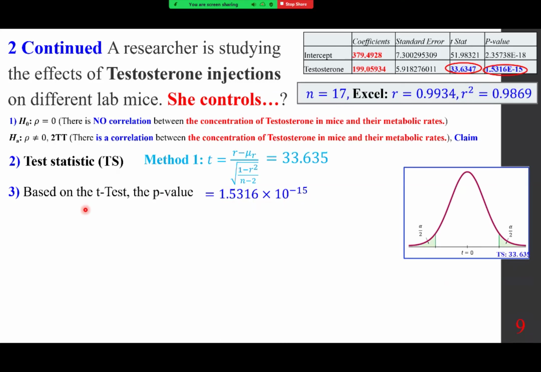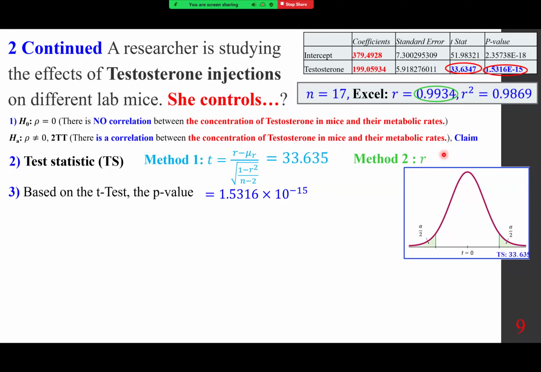Go to the left by 15 places. So this is 1, and then 14 zeros, which is almost 0. We may not have a critical value, but it's way into the rejection region. So reject H0.